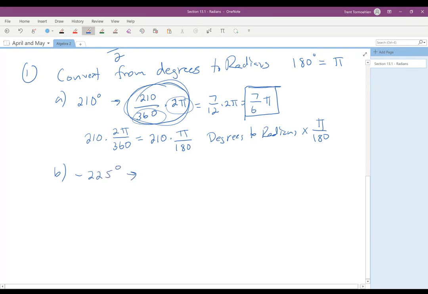So again, you can either do it like I do it, which is divide by 360 and then multiply by 2 pi, or you can just multiply by pi over 180. So you just take negative 225 times pi over 180. Notice 45 goes into both of those, and so that just turns out to be negative 5 pi over 4.